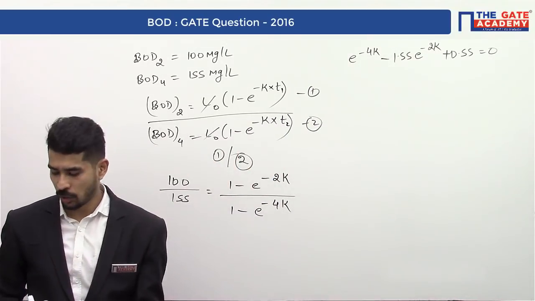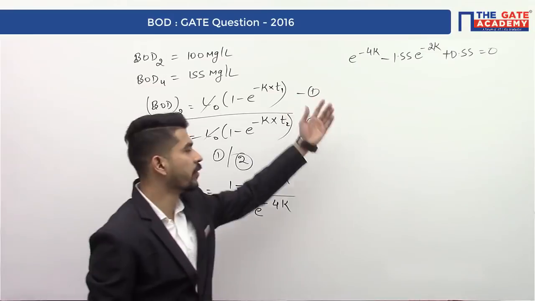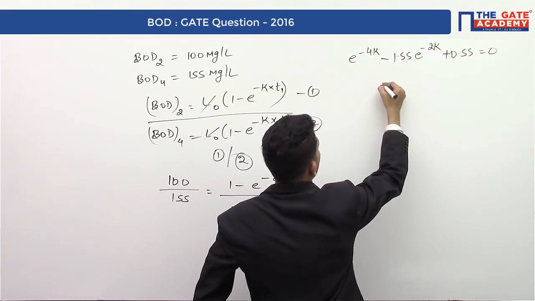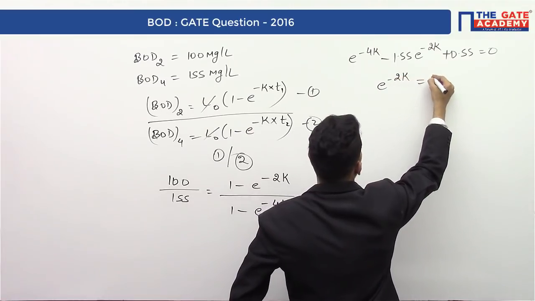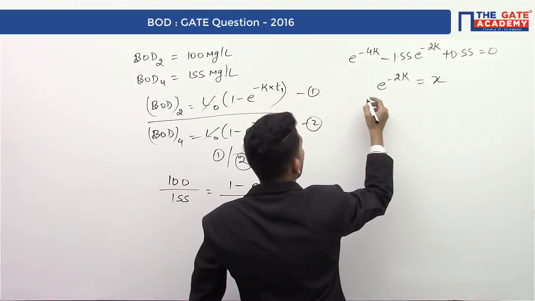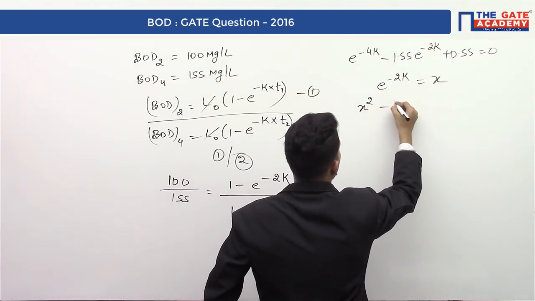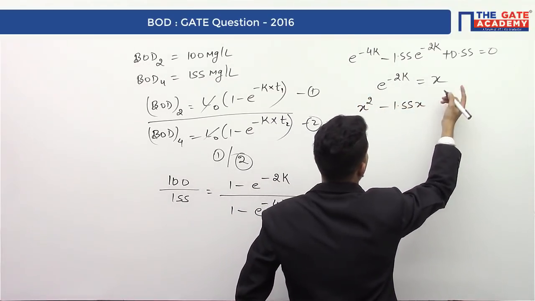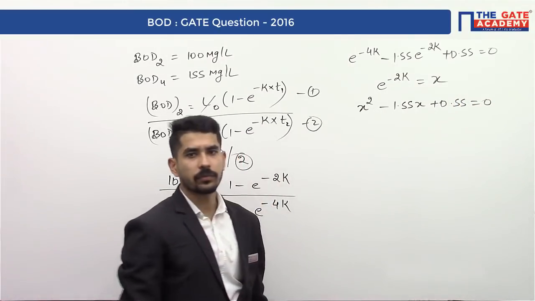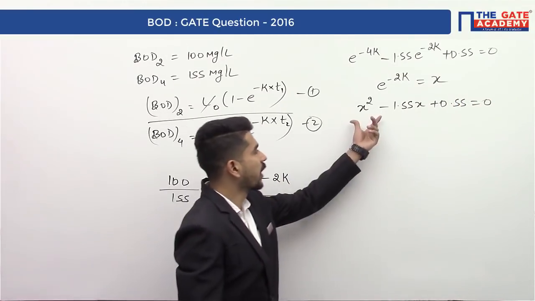So we have an equation over here, and from this equation you have to calculate the value of k. You can do it by any method. Let us suppose e to the power minus 2k is equal to x. So this becomes x square minus 1.55x plus 0.55 equal to 0, right? So this is again a quadratic equation.